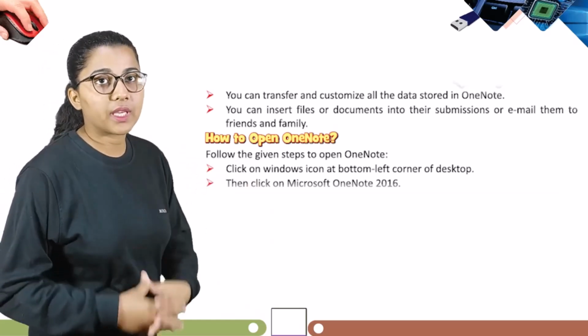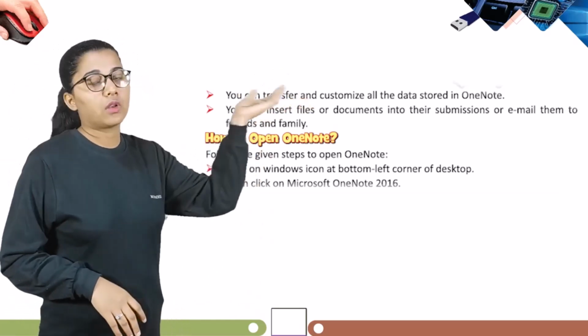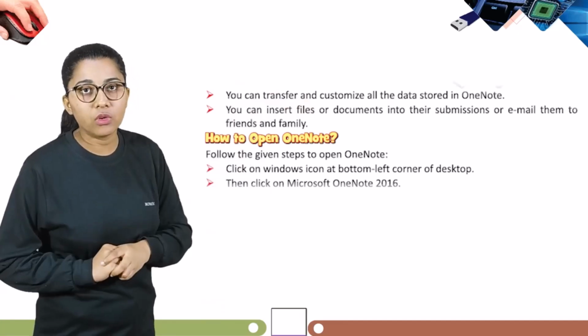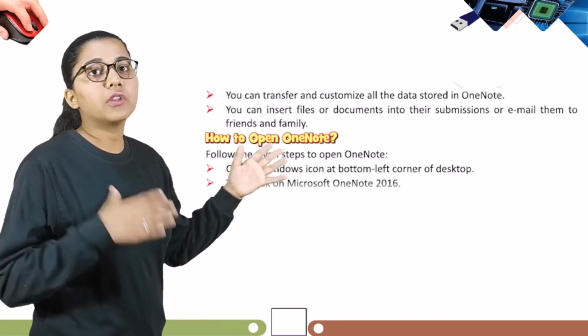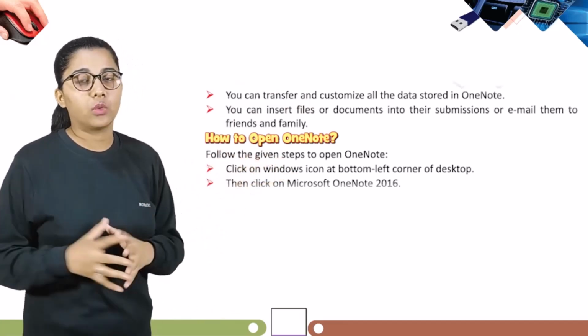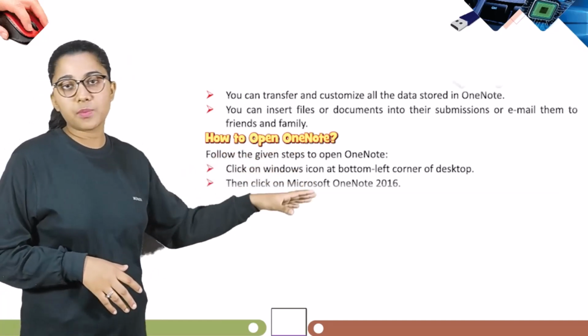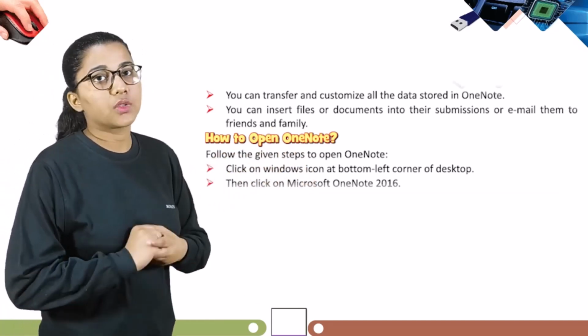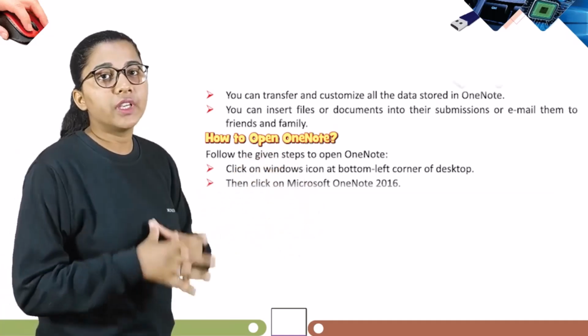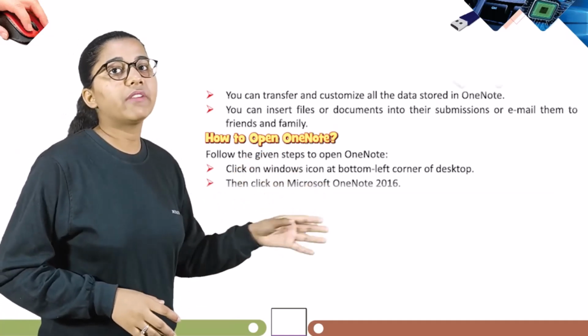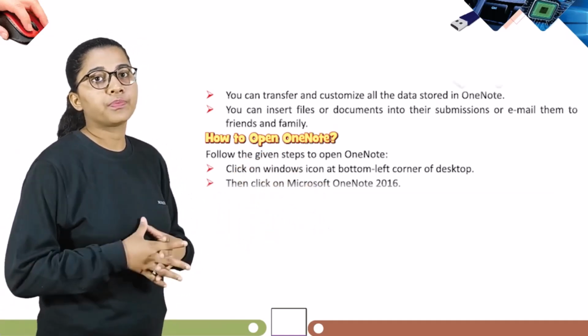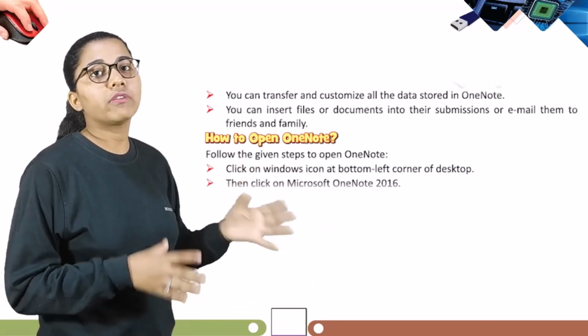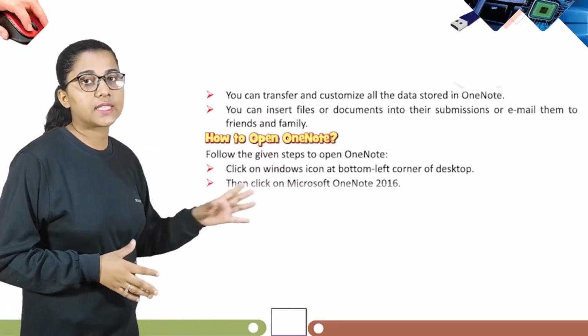Now our next topic is how to open OneNote. How will you open OneNote? Let's discuss it. Follow the given steps to open OneNote. First, click on the Windows icon at the bottom left corner of the desktop. Then click on Microsoft OneNote 2016.